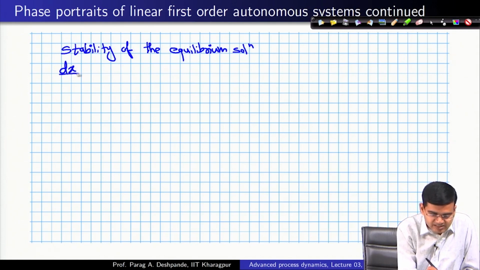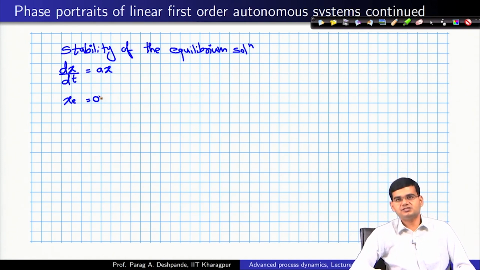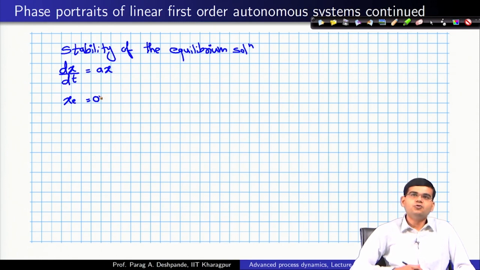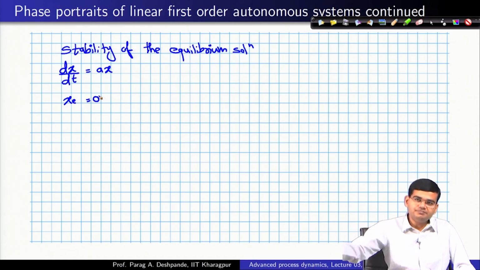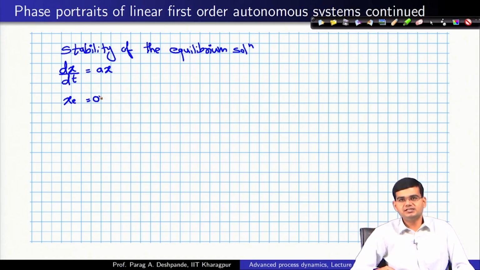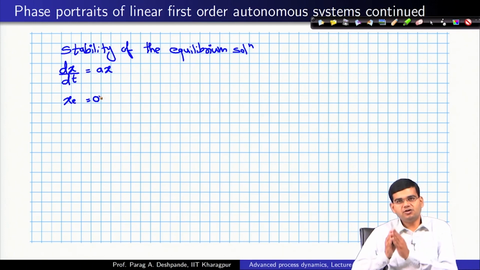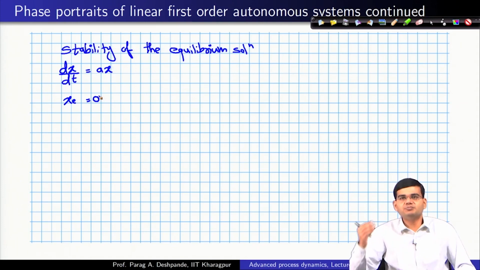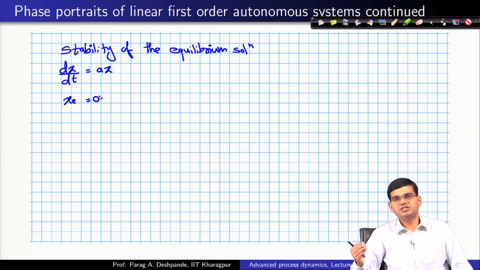Our system was dx by dt is equal to a x and our equilibrium solution x e was 0. Now, the question is whether the solution x equal to 0 is a stable solution or an unstable solution. The meaning of stable solution is that as time t increases, am I going to remain on the equilibrium solution or am I going to diverge away from it? This is the meaning of stability.